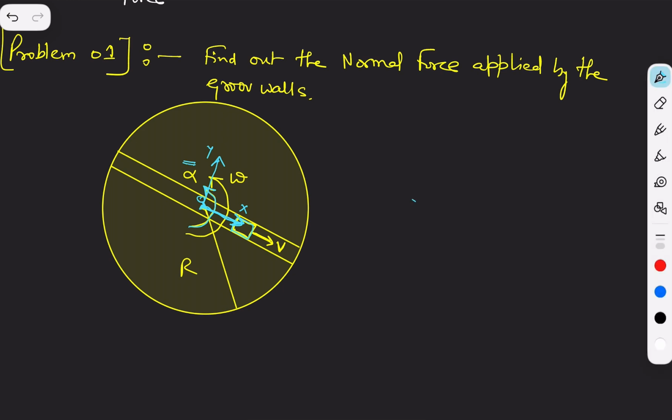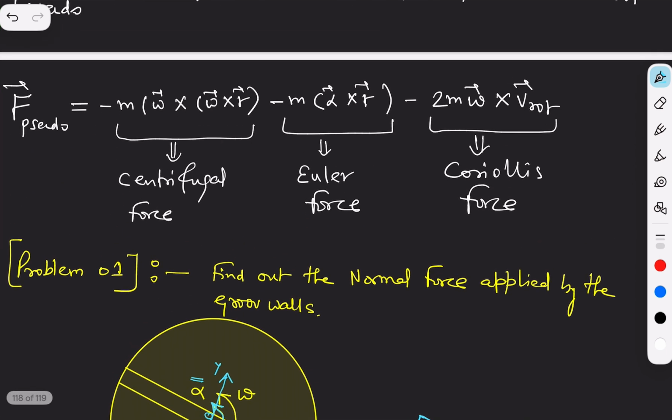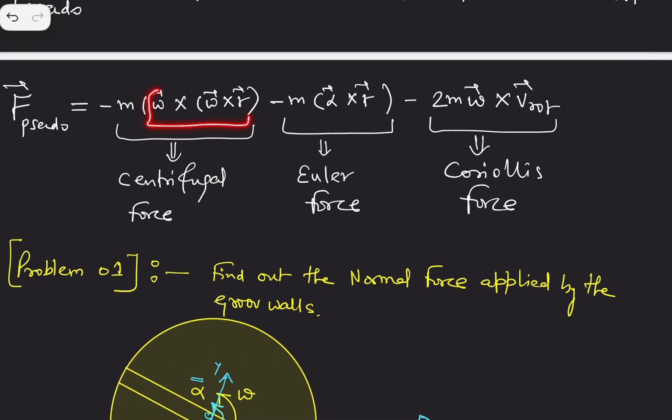If I make the FBD of the body, I will write that in the outward direction I have to apply a centrifugal force, which is m omega cross (omega cross r), which is simply m omega square r, always radially outward, where r is the distance from the rotating frame's axis.